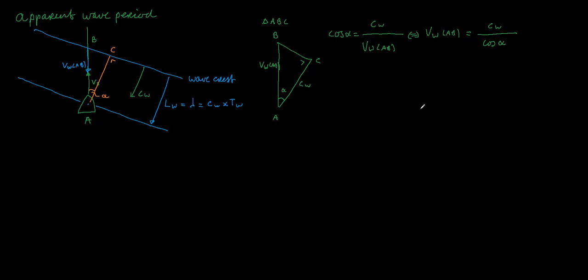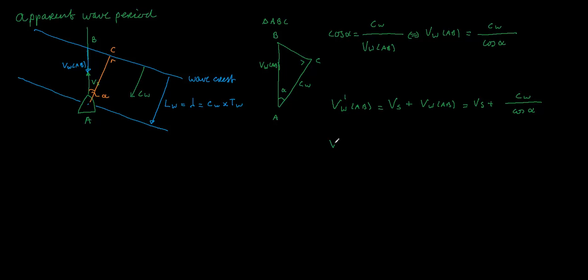Say that the apparent wave speed here in the direction of AB, we call that one v wave AB with an accent, is the speed of the vessel in this direction added to the speed of the wave in direction AB. But we know the last one, because this is V_s added to c_w divided by the cosine of alpha.